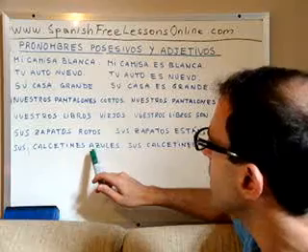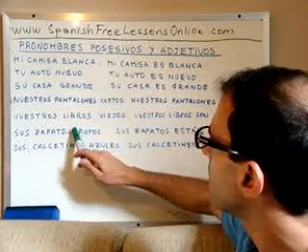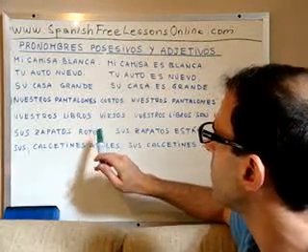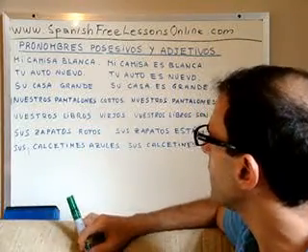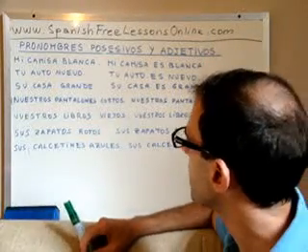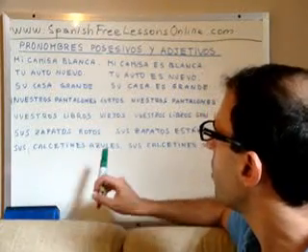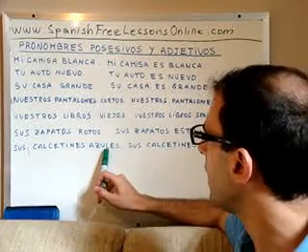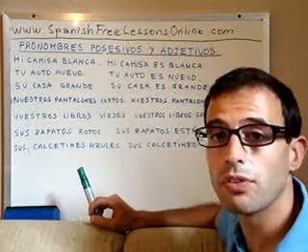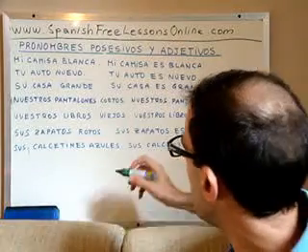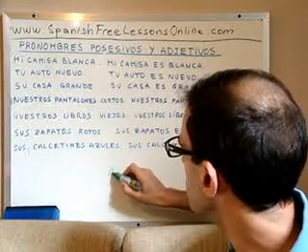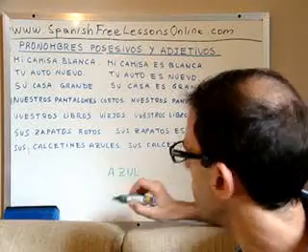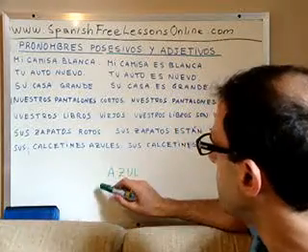So when you see this, you know it's masculine and it's plural. And we have exceptions, like here, when the adjective ends with a consonant, like azul, which is blue.